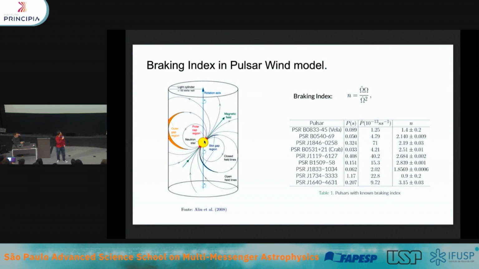In this table, we have 9 breaking index measures. We have over 3,000 pulsars. Only 9 we can measure the breaking index because it's very difficult. We have to know the first derivative of the period and the second derivative to know the breaking index.